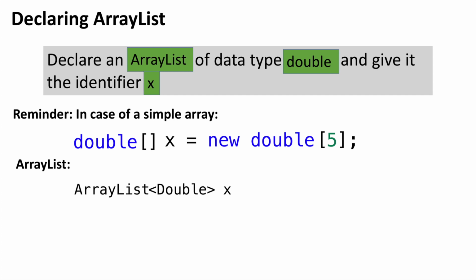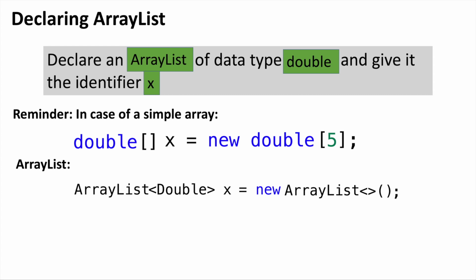Then space, your variable or identifier equal new, and then again ArrayList. And then you have less than, greater than. You can put Double in between those less than, greater than, but that's optional. It's not needed in this case. And then open, close brackets. Remember, these are the normal open, close brackets, and then a semicolon.